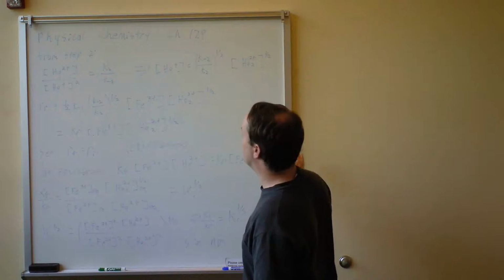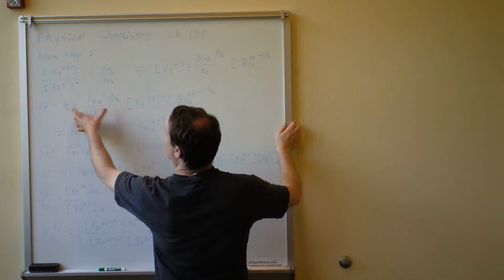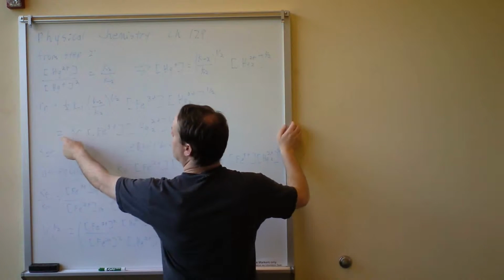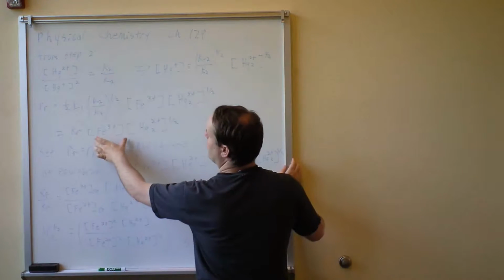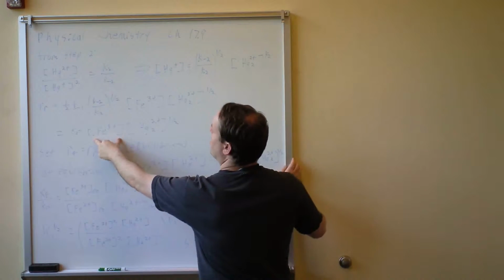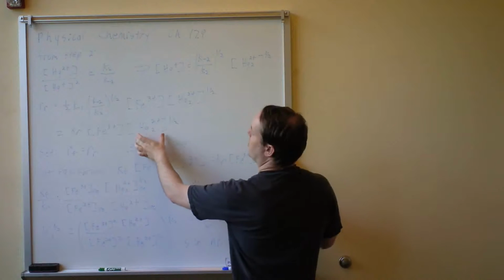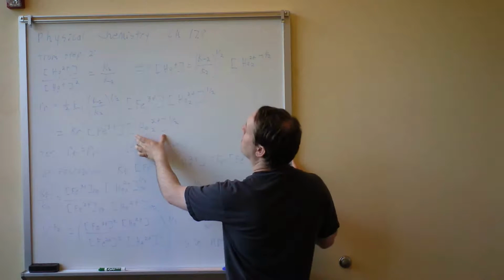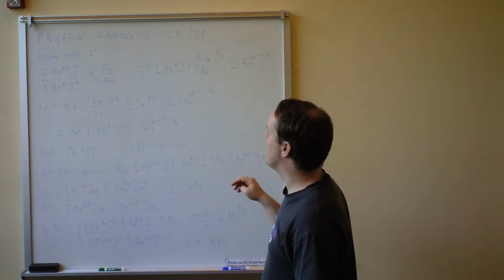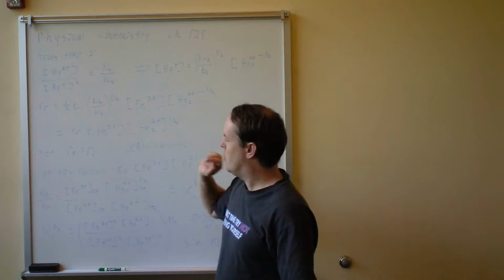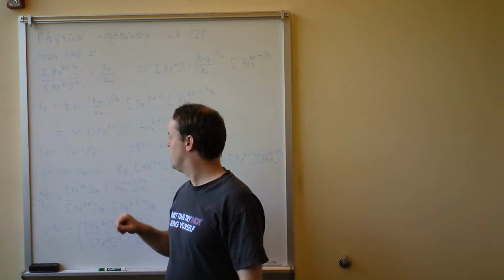Simplifying this into just one constant, we get the rate in reverse is equal to the rate constant for the reverse reaction times the concentration of Fe3+ times the square root of the concentration of Hg2 2+. Now remember, at equilibrium, the rate forward must equal the rate reverse.